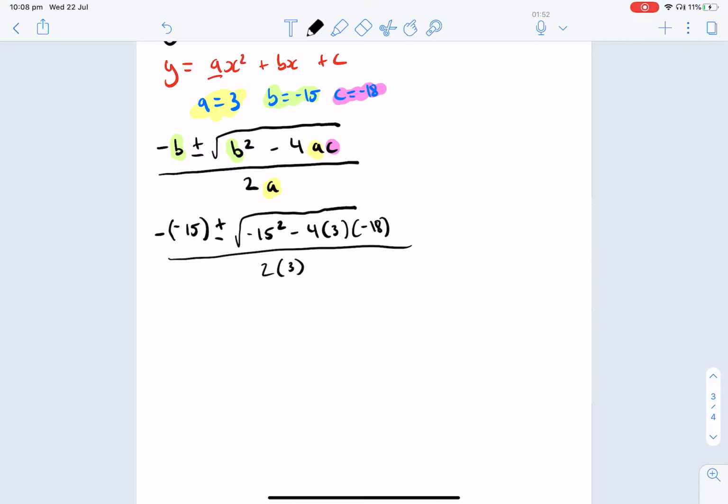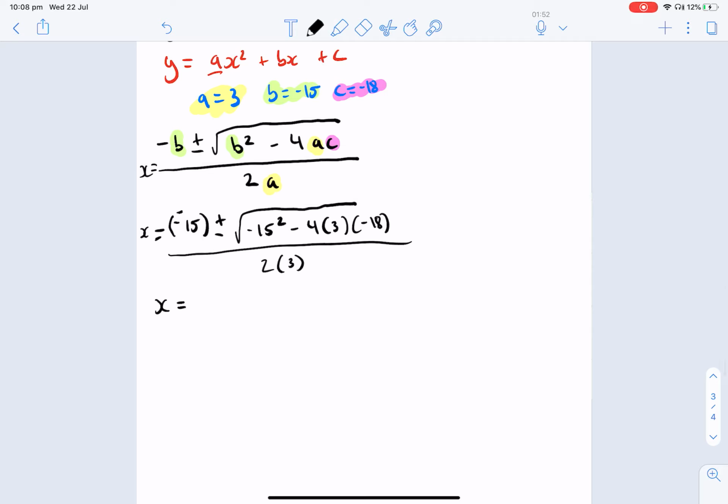So we just do some multiplication here. We've got a negative of a negative value, so it becomes positive 15. Remember, we're looking for our x values here, so x equals positive 15 plus or minus the square root.